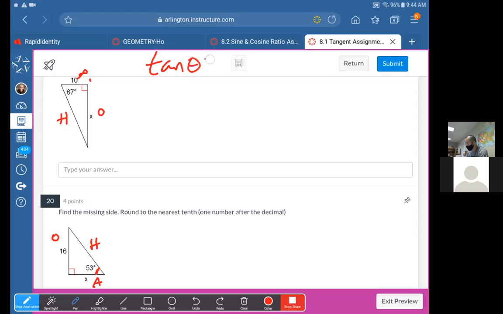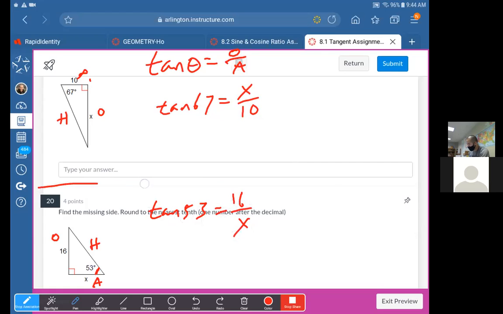Tangent of theta equals O over A. So it's tangent of 67 equals opposite x over adjacent 10. Down here, it's tangent of 53 equals 16 over x. So these are the two types of problems you'll encounter. Up here, this one on top is the easier version of the two.